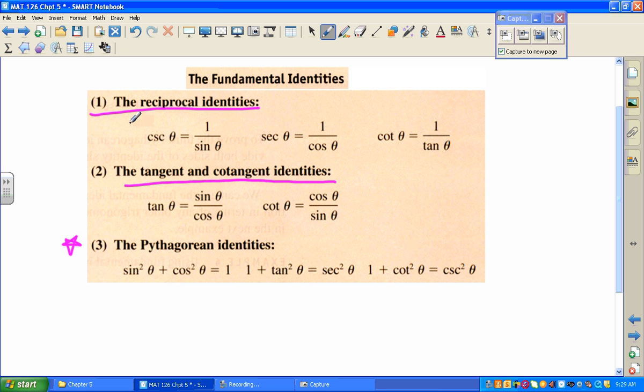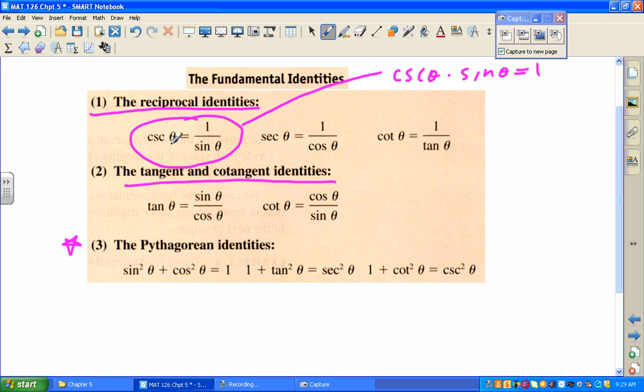For instance, I'll choose a safe one. The cosecant of theta equals 1 over sine of theta. Yes, Stephen? Would you put those Pythagorean identities? Oh, yeah, those huge. The cosecant of theta equals 1 over sine. That's 1. An offshoot of this would be that cosecant of theta times sine of theta equals 1.